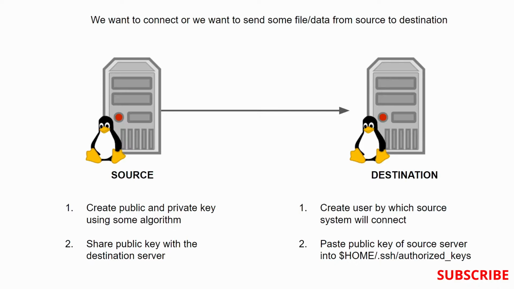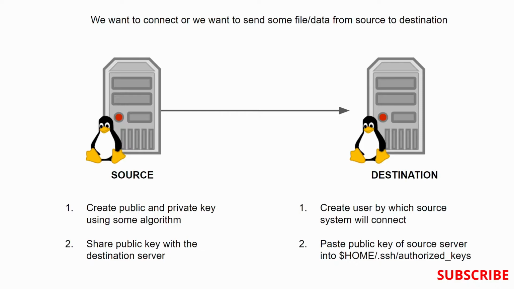Now, the second most important step is, in the home directory of the user which you created in step 1, you need to create a directory .ssh. The permission of that .ssh directory will be 700, and authorized_keys will be a file.